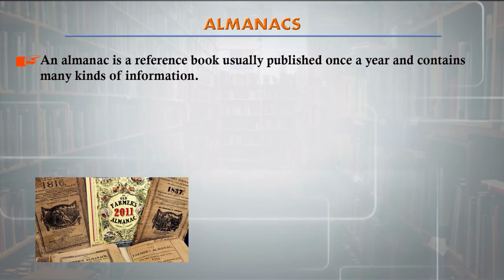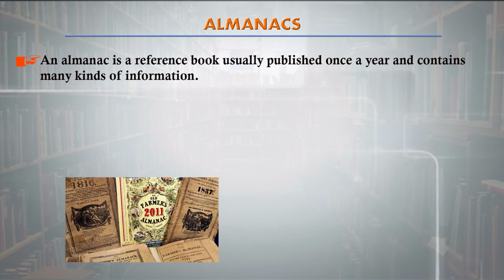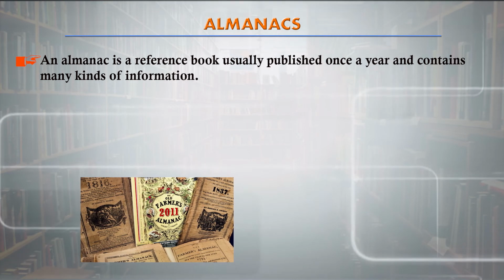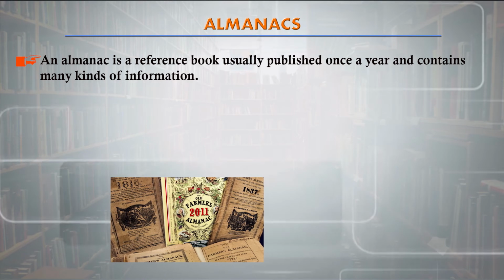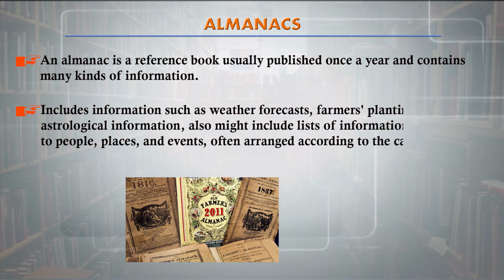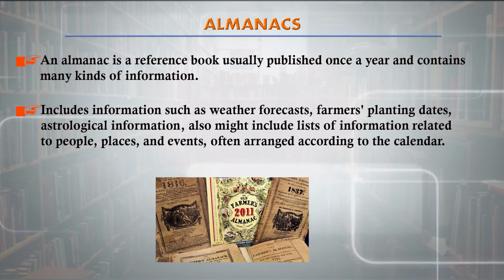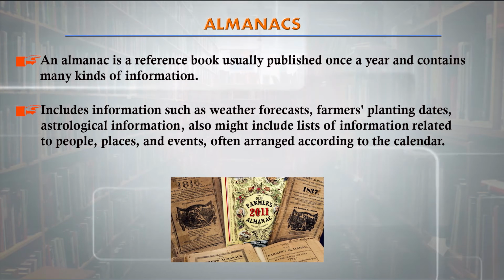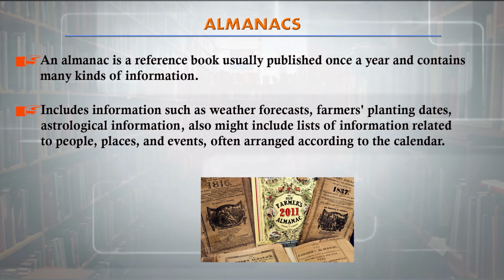Next, among the category of ready reference sources are almanacs. An almanac is a reference book usually published once a year, like a yearbook, and contains different kinds of information. It includes information such as weather forecast, farmers' planting related information, dates, astrological information.